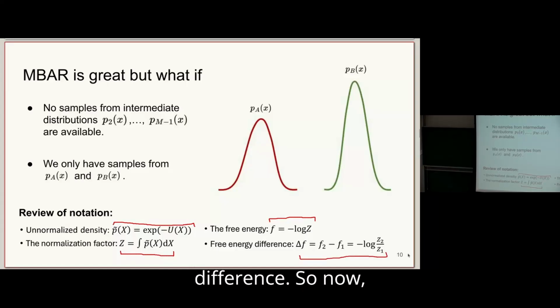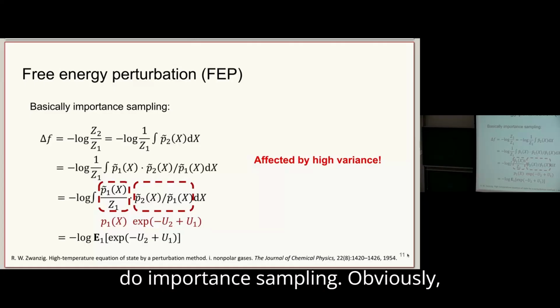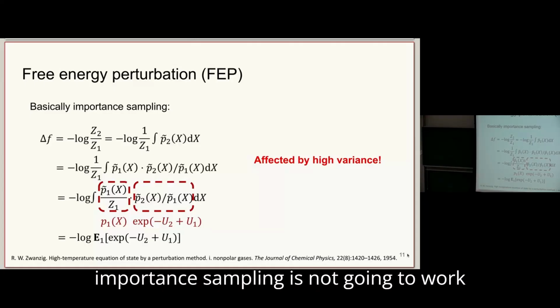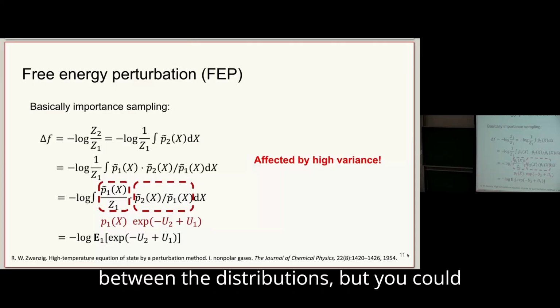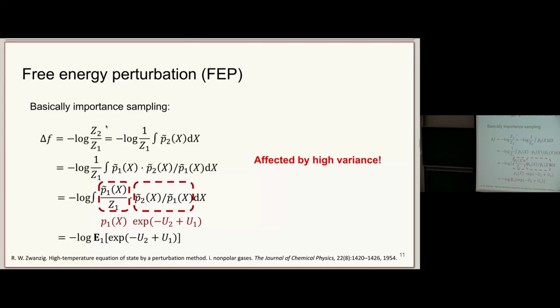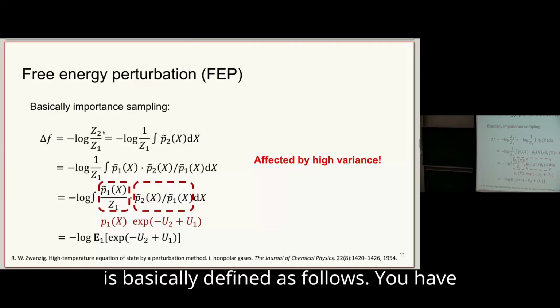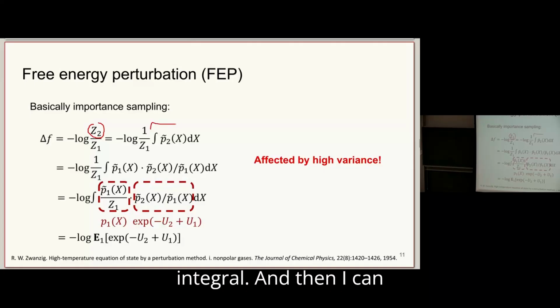Okay? So now, we could say, let's try to do basic things. The first thing you could try to do is importance sampling. Obviously, importance sampling is not going to work great here because there is no overlap between the distributions, but you could try to do it. Importance sampling is basically defined as follows. You have the free energy difference here. Z2 is just this integral.